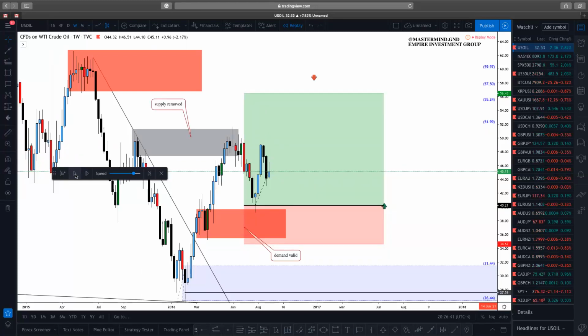Well, when it comes to supply and demand, the wick could take out the zone. But when it comes to the trend line, then we need an entire candle on the other side. Okay. And even if you go down to the 4-hour, you consider a wick to take out a zone? As long as the market passes the zone by 1 pip, even if it passes just for a second and comes back down, then we consider that zone used up as a takeout. Okay, cool.